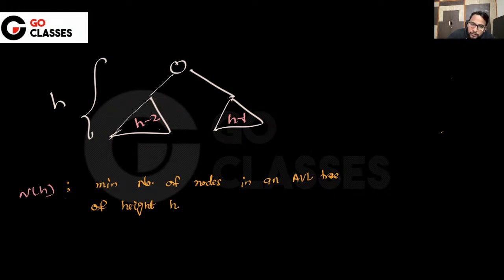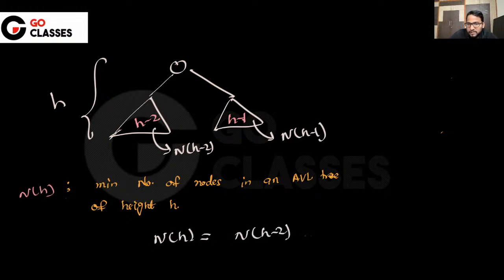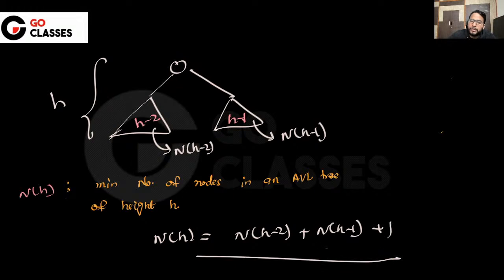Which means if the minimum number of nodes of height h is NH, then for height h minus 2 it is NH minus 2, and here it is NH minus 1, right? So the minimum number of nodes in height h will be NH minus 2 plus NH minus 1, and then this will be the root, which is plus 1. So that's how you can calculate the minimum number of nodes.